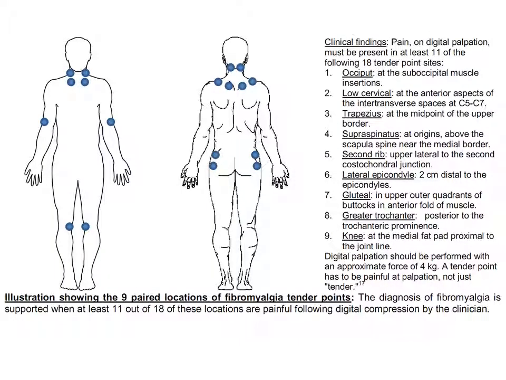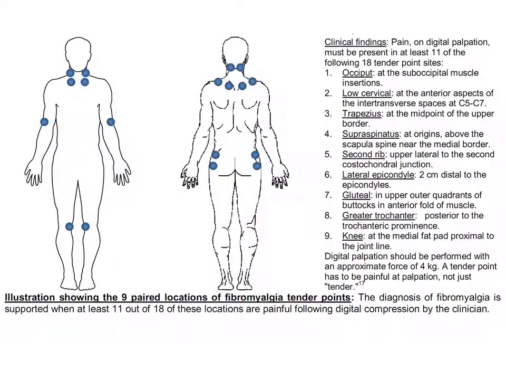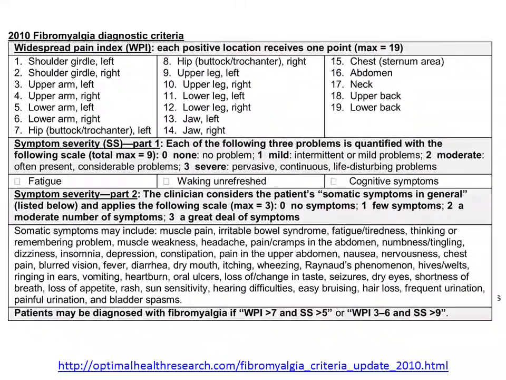In my last video on fibromyalgia, I reviewed the earlier 1990 American College of Rheumatology criteria for the diagnosis of fibromyalgia. This required the finding of at least 11 out of 18 tender points by physical exam. Interestingly, and in my opinion very controversially, the 2010 criteria for the diagnosis of fibromyalgia excluded the need to assess trigger points, or tender points I should say, and I discussed the controversy around this on one of the pages of the book, but also this page is available from my website.